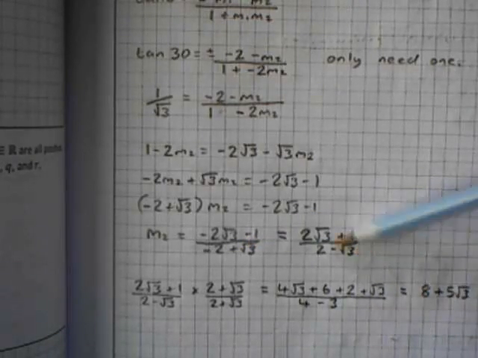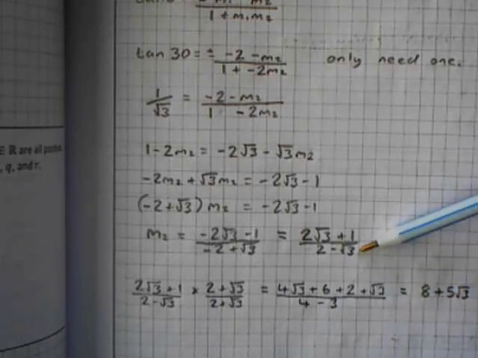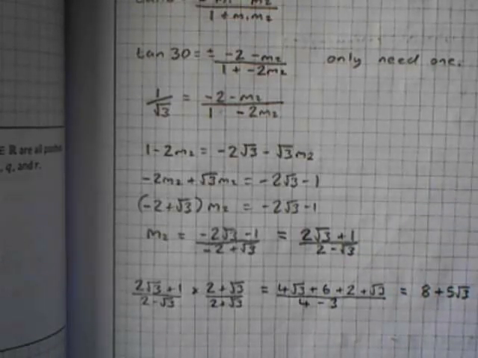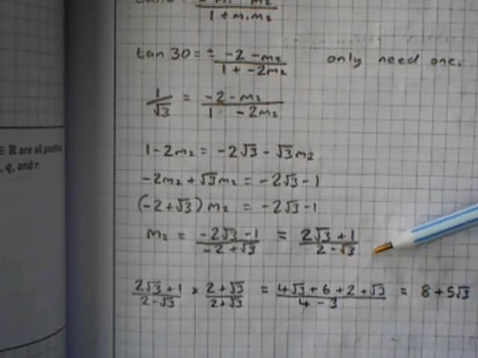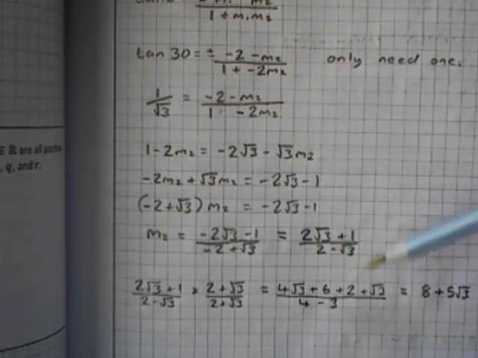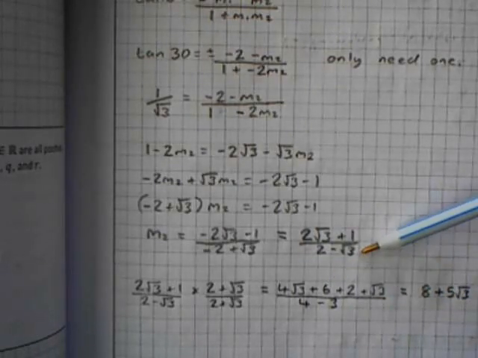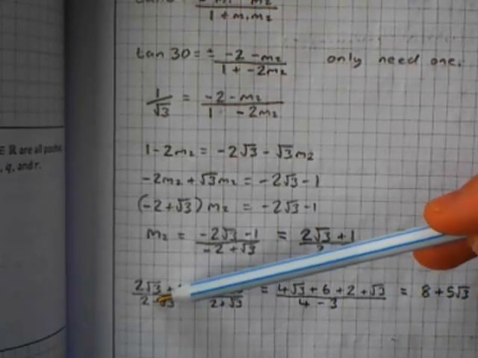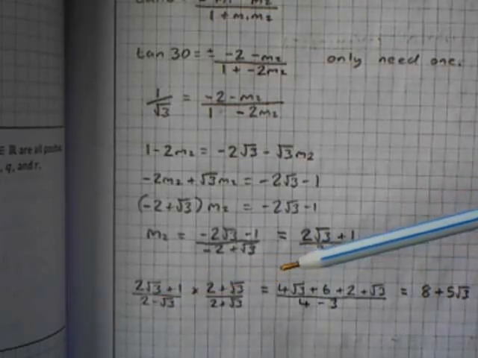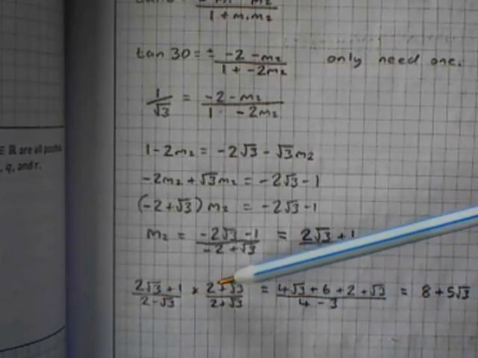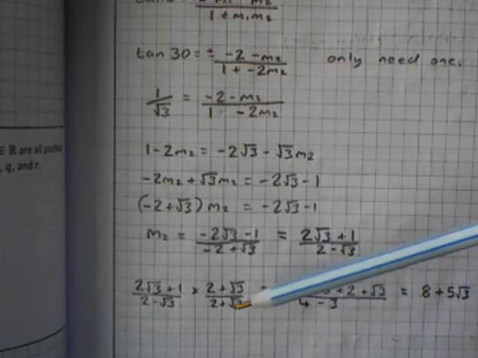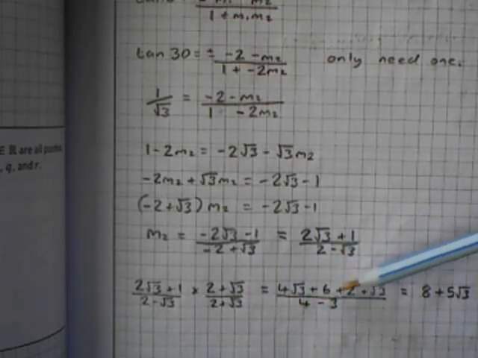Now, to get rid of the bottom, we're going to use the difference of 2 squares. It's kind of like dealing with division with complex numbers. When you've got an i there, you multiply top and bottom by the conjugate of the i at the bottom. So instead of minus root 3, we're going to multiply top and bottom by 2 plus root 3. The reason we do that is because it's going to make the bottom really nice.